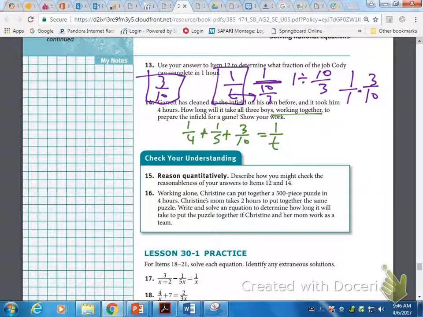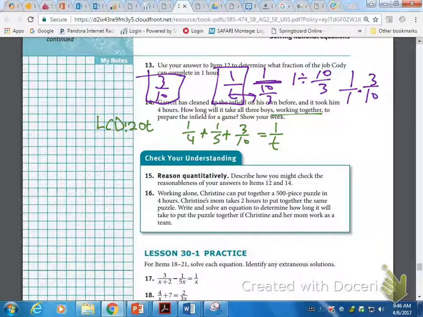Least common denominator. So what would our least common denominator be? 20T. Again, least common denominator is the least common multiple of the denominators. So you have a 4, a 5, and a 10. What is the smallest multiple of 4, 5, and 10? 20.